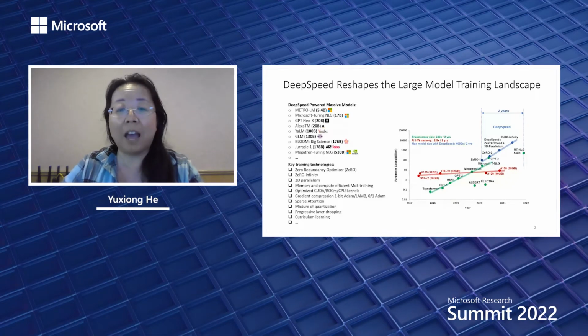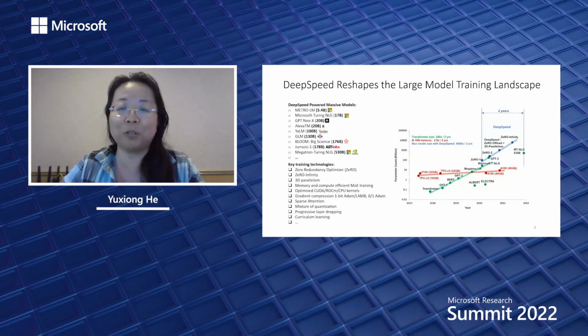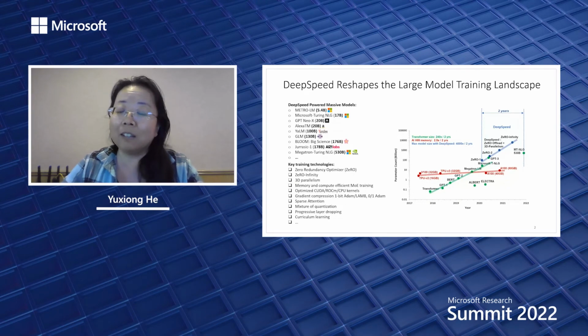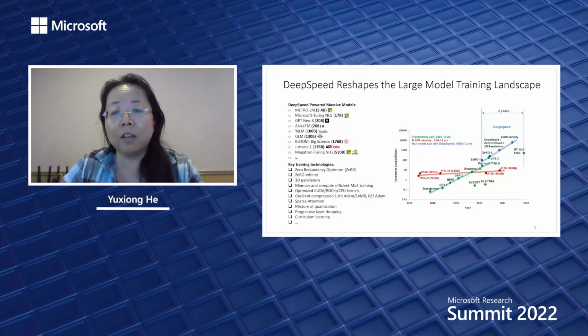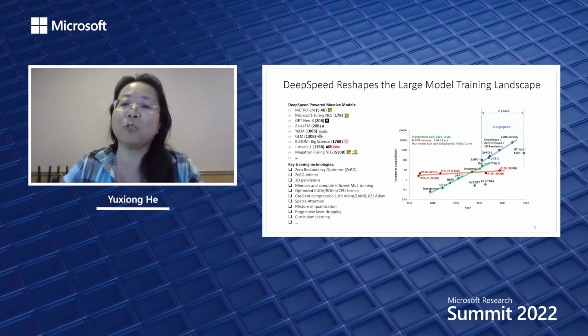DeepSpeed has been an active innovator and contributor for that. Our technologies like ZeRO, 3D parallelism, and ZeRO-Infinity offer the system capability of training 4,000 times bigger models, powering unprecedented model sizes. Because of these and many other innovations we developed, DeepSpeed has gradually become a popular deep learning library for large-scale training.